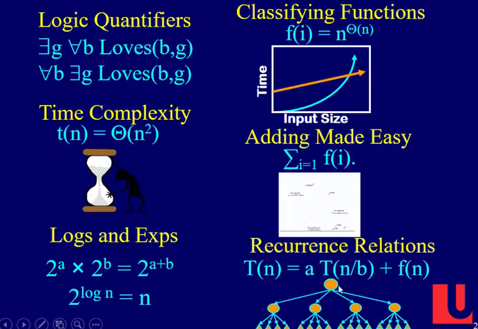So T of n over b is how much that friend and all her friends' time they take. I have a of them, and then this is how much work I personally do. Everybody should know how to solve this.